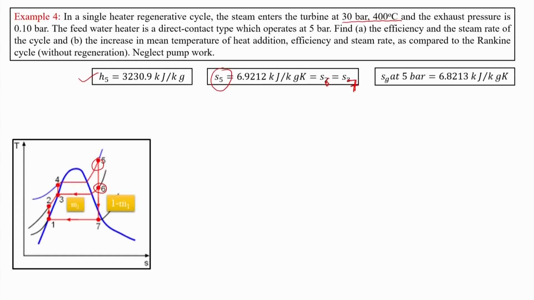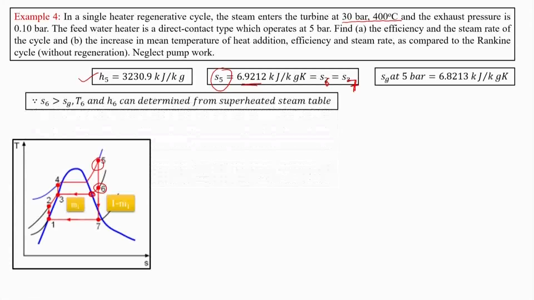Knowing this, we can find out what is the SG corresponding to 5 bar. That means we are trying to see what is the entropy here. So this entropy is 6.821, but we know S5 is 6.9.